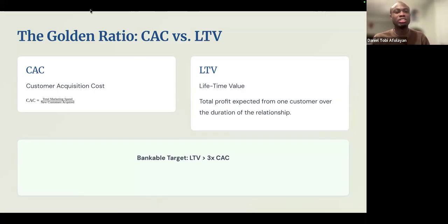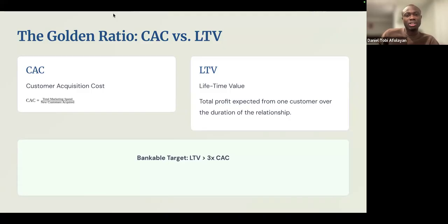Who can tell me in the chat? What is my customer acquisition cost? I spent 10,000 on data, right, to buy data.